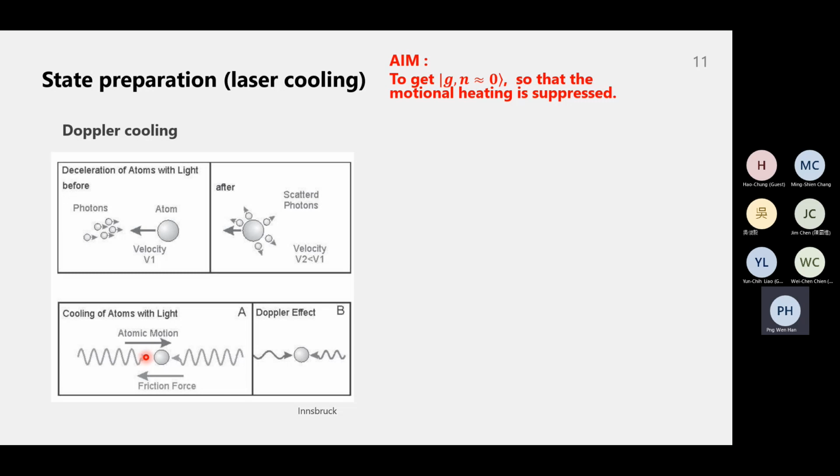For state preparation, we want the ion to be cool initially. After we do all sorts of operations on it, it will start to heat up. Later I will explain this operation. We are doing some sort of modulation in the hope of returning the ion back to its cool state.